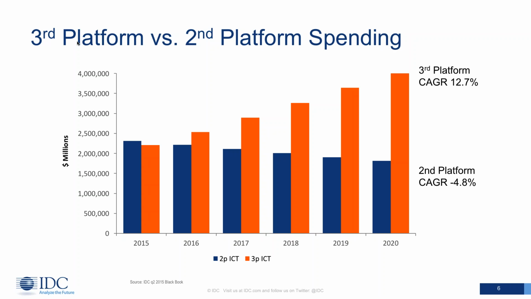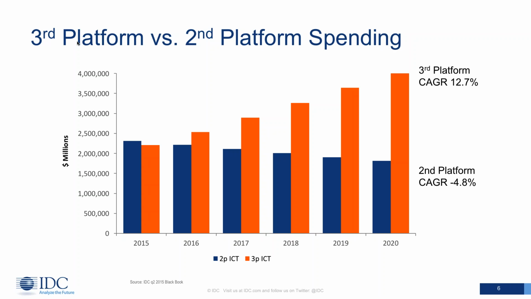You can see that third platform spending will surpass second platform spending this year, 2016, and that the gap will increase in subsequent years. The compound annual growth rate for third platform spending will be about 12.7%, as you can see on the far right of the slide. And the compound annual growth rate for second platform spending will be minus 4.8%.